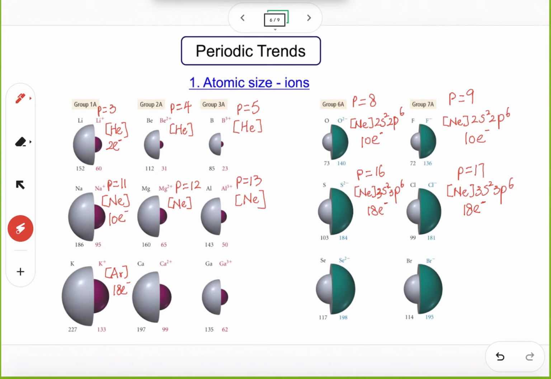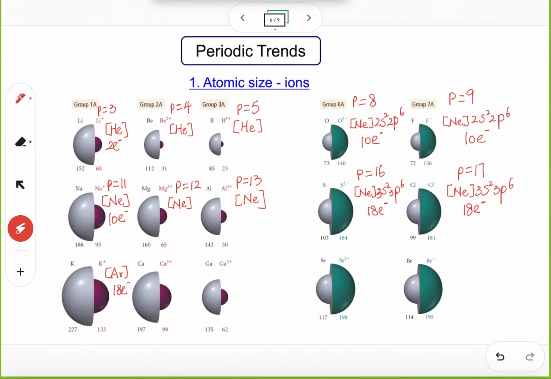Okay, and the same thing can be used to explain why Br minus is smaller than Se2 minus. So for the second part of rule number 3, anionic size decreases from left to right.